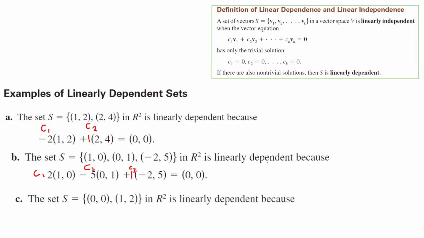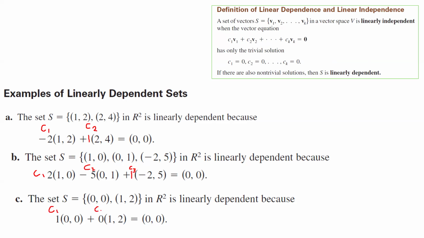Another set for you, (0, 0) and (1, 2), is linearly dependent. Why is that? Take a look. 1 times (0, 0) plus 0 times (1, 2) is equal to 0. I found C1, which is 1, and C2, which is 0.